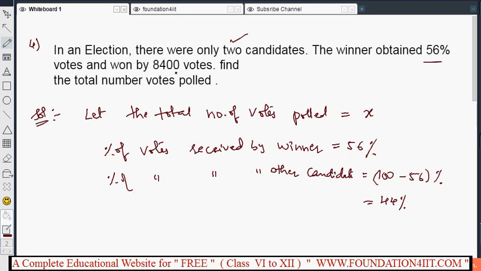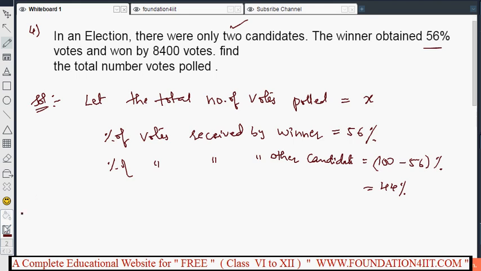Now the winner obtained 56% and won by 8,400. First you will find out separately the number of votes polled by the winner and the other candidate. Now percentages we got 56 and 44. So number of votes polled by the winner is 56% of the total.